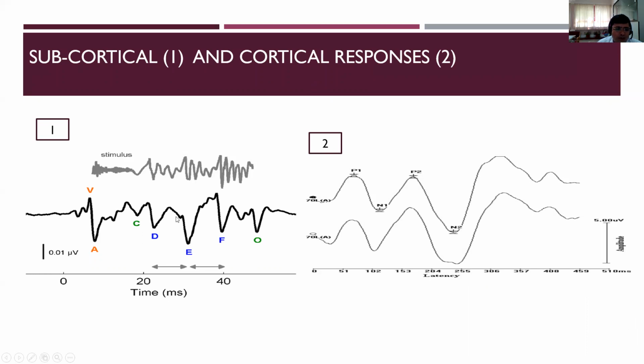This is the complex ABR or speech evoked ABR, which was developed by Dr. Nina Kraus at Northwestern University, USA. She used a 40 millisecond synthesized DA stimulus, where there is a burst and then a vowel. The response mimics the stimulus, where you have onset responses, waves V and A, then the sustained responses, D, E, F, and then the offset response, O.